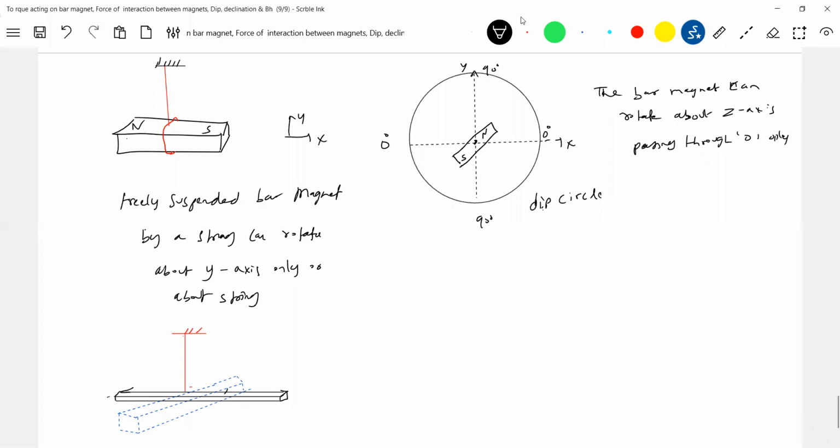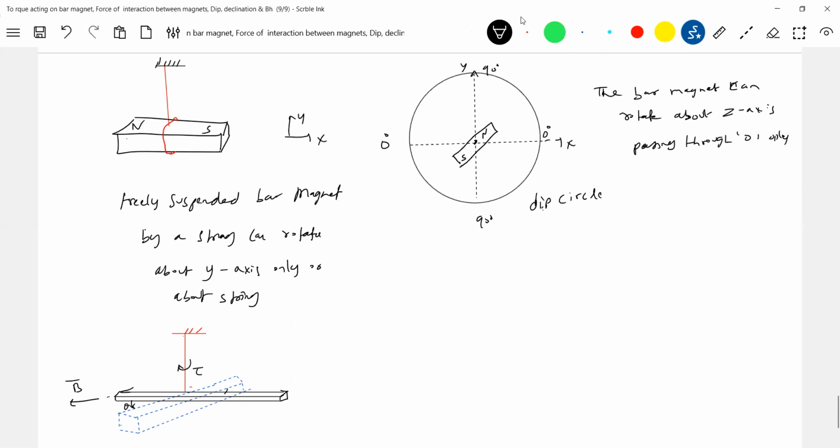I'll displace it slightly by theta. Then I see that some torque will act. The torque will bring it back to the original position. This shows that there is some field there, and the field is like this. If you slightly displace it, how will M bar act?